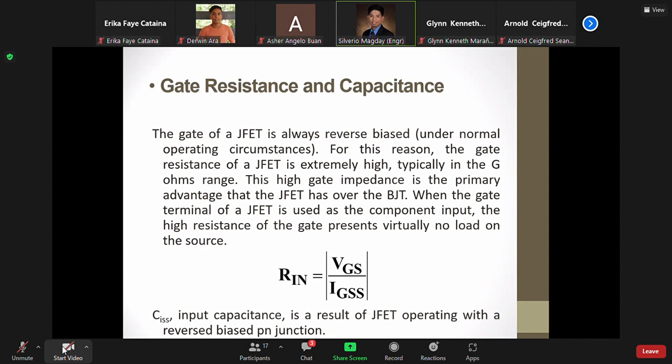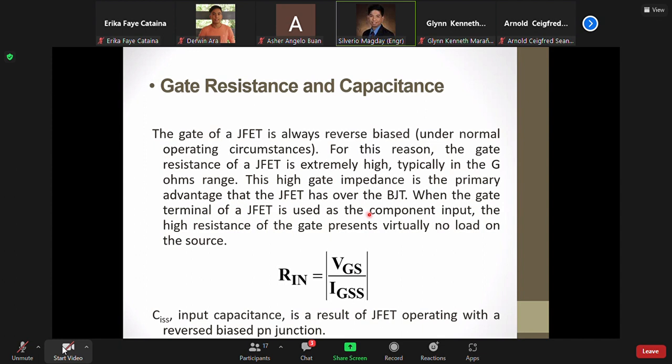Some other parameters are the gate resistance and capacitance for the JFET. For gate resistance, the gate of a JFET is always reverse biased under normal operation. For this reason, the gate resistance of the JFET is extremely high, typically in the giga-ohm range. This high gate impedance is the primary advantage of the JFET over the BJT.